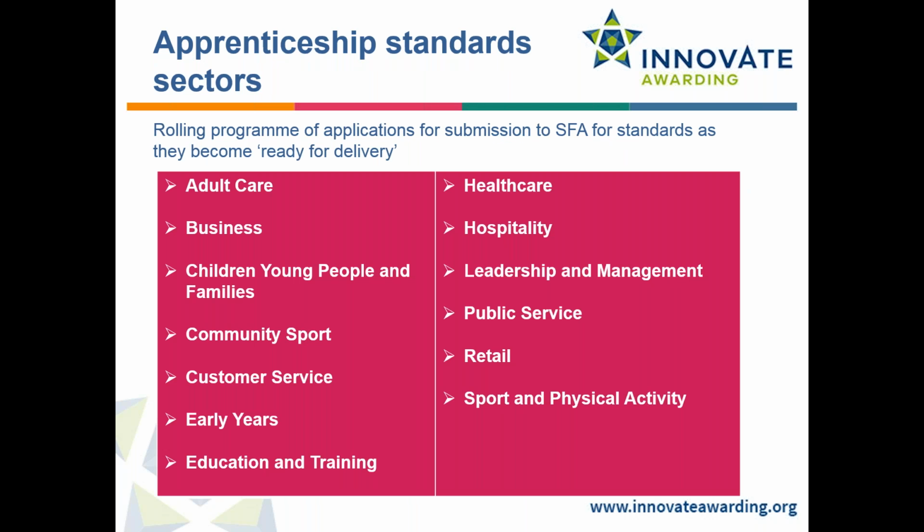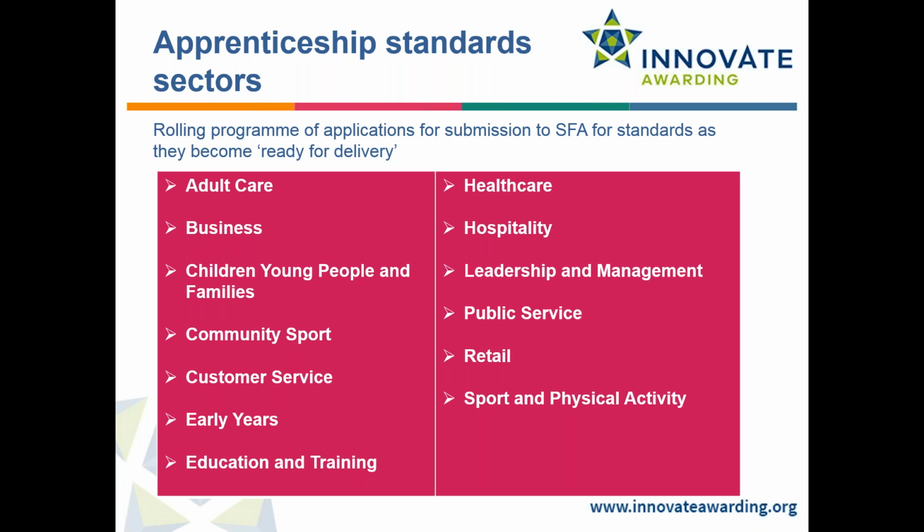So the Apprenticeship Standards sectors are 13: adult care, business, children, young family. I won't read all these out because you can see them and you'll be able to access this information later. Our aspirations are for over 50 standards in those sectors, and we have a rolling programme for EPA applications.